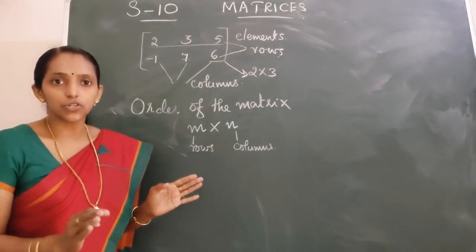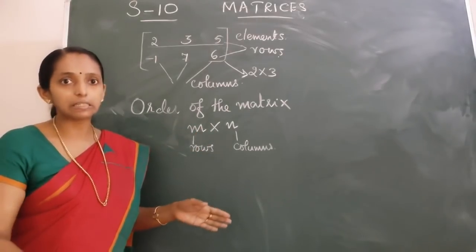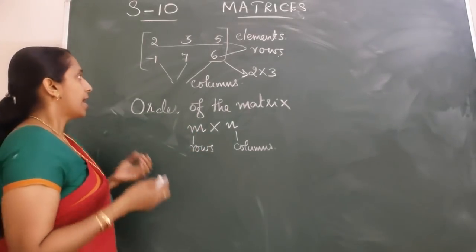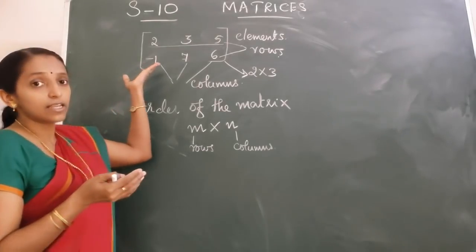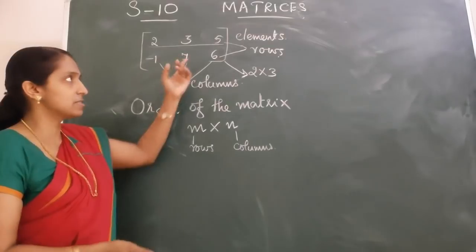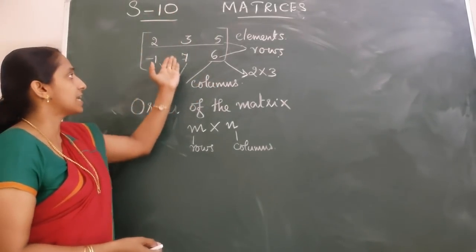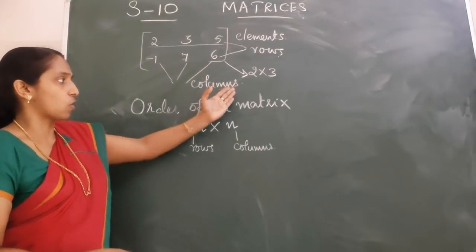Hope you understood what a matrix is. A matrix is a rectangular arrangement of some terms or numbers, arranged inside a square bracket. The horizontal ways are known as the rows, and the vertical ways are known as the columns.